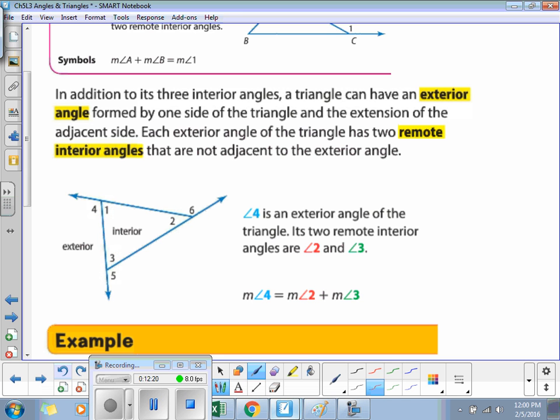The measure of angle 4 is going to be the sum of angle 2 and 3. And then finally, down here, angle 5 is going to be the sum of angle 1 and angle 2. You got it? All right.